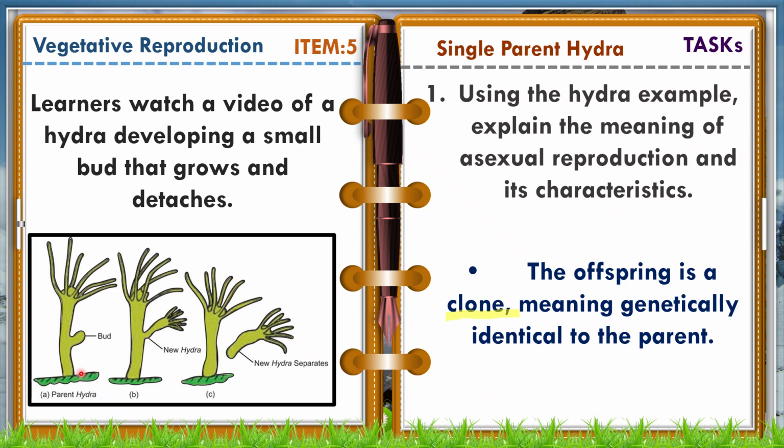So here our bud grows, it detaches, and when it detaches, it resembles the parent. That is what we call cloning, meaning that they are genetically identical to the parent. They are resembling the parent. They have similar genes.